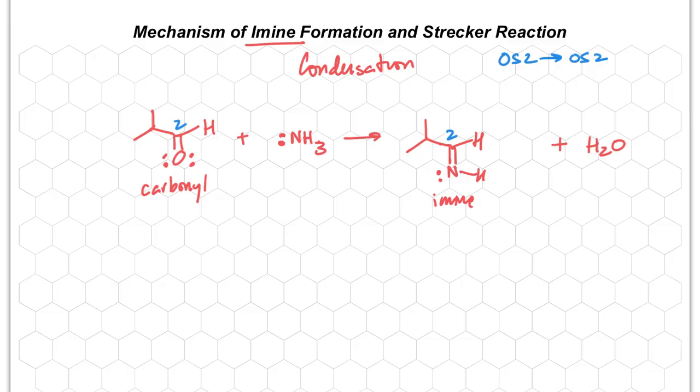So using the delta minus, delta plus, we're going to show the ammonia attacking that. We break the pi bond.